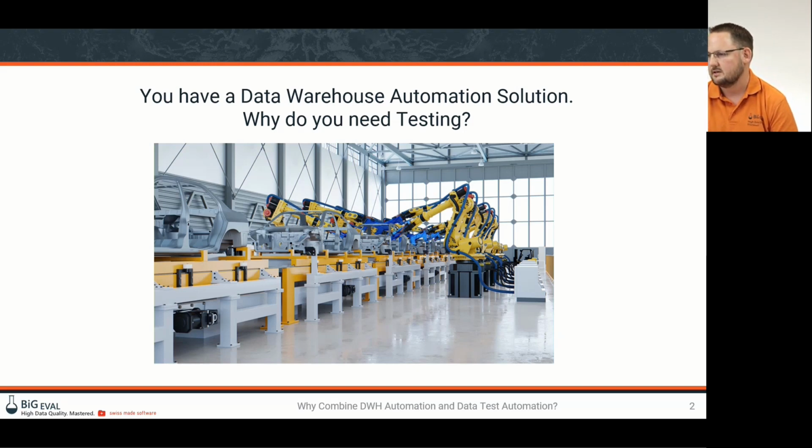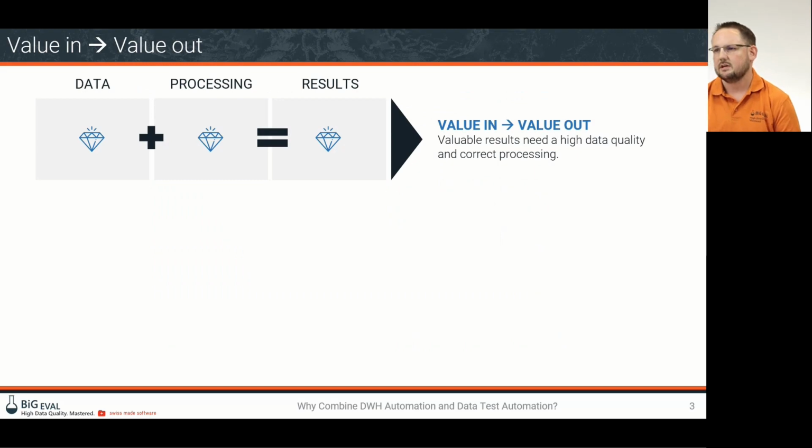And the same applies to your data pipelines. If we look at this picture here, we have the principle of value in, value out. That means if you want to get the best results out of your data analytics systems, you need two things. First, you need high-quality data. That's one thing.